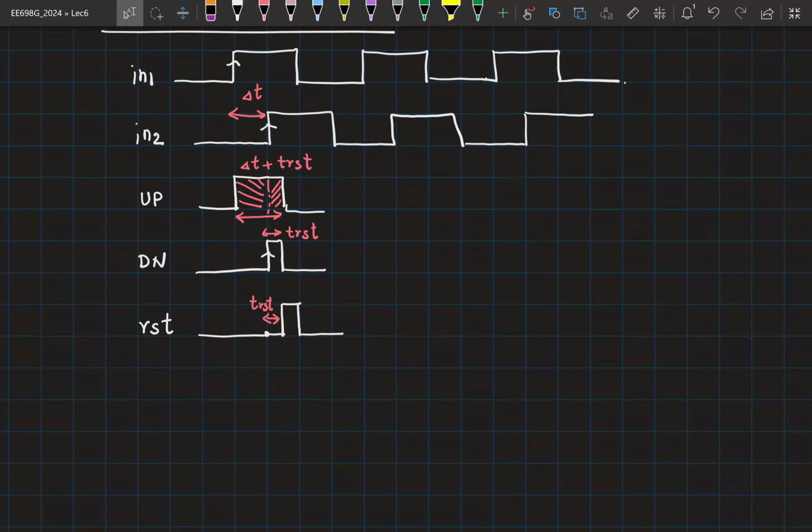You can think of the AND gate output being ready after T reset. Right? Input changes, the output changes after T reset. So the input has changed here. Now after T reset, the output is going to change corresponding to that.